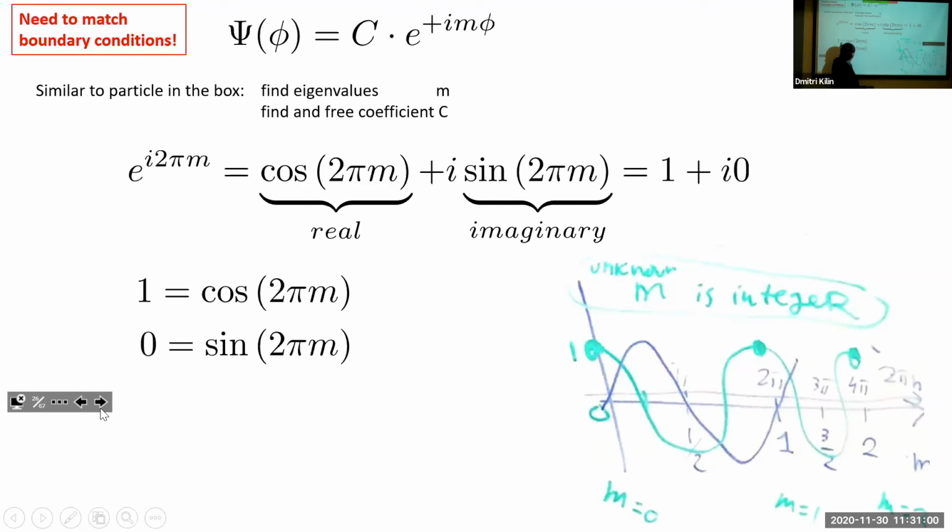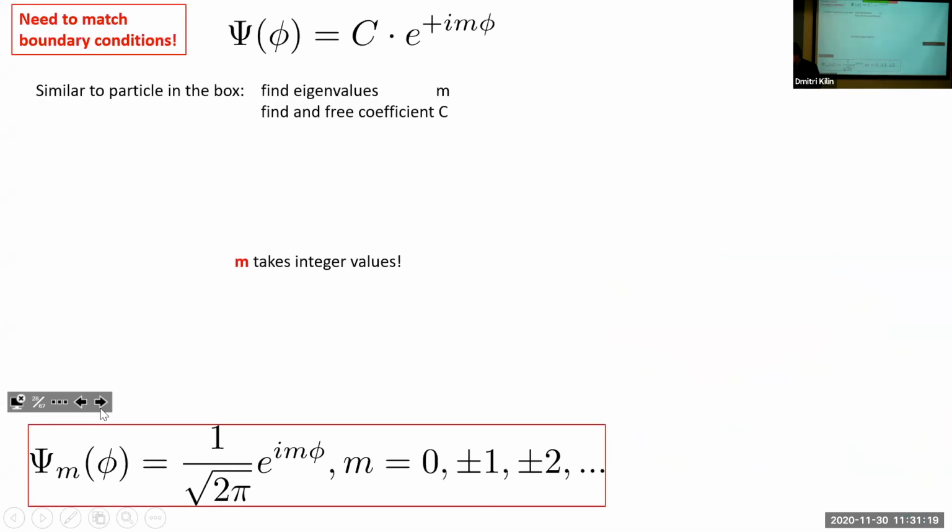And if one draws these two lines, there will be simultaneously matching this condition at 0, at full cycle, at two full cycles, right? So one is writing it as m equals 0, plus minus 1, plus minus 2.